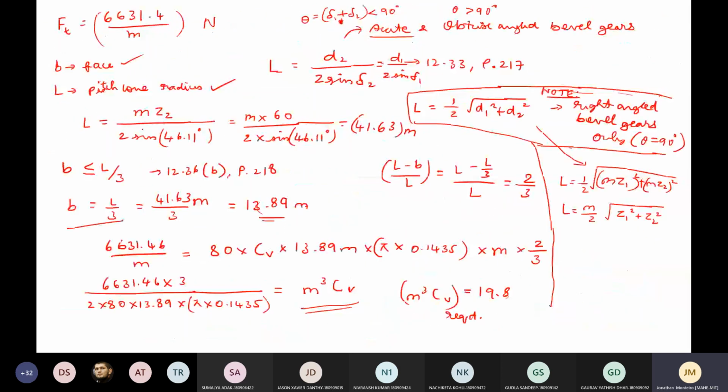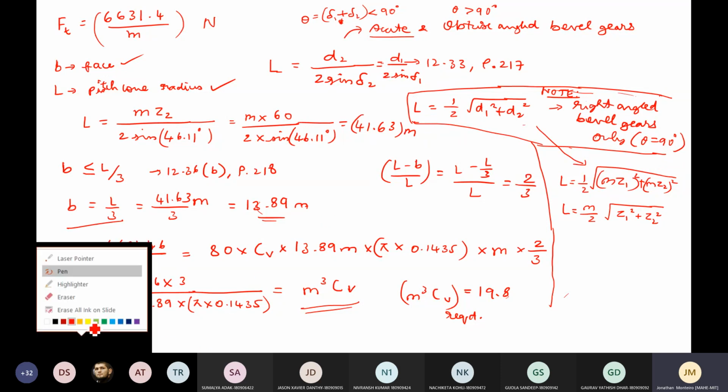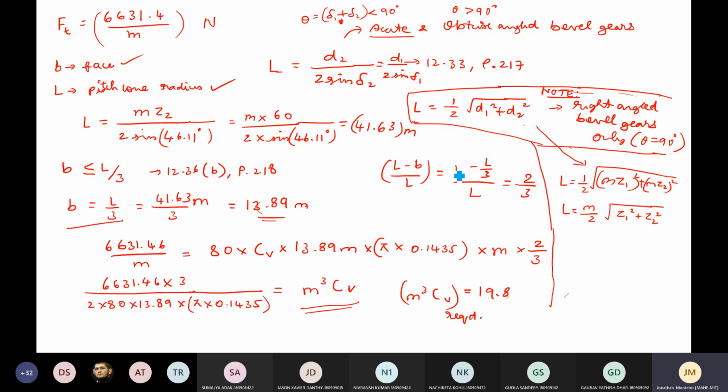For right angled bevel gears, that is theta equal to 90 degrees, we had L is equal to half root of d1 square plus d2 square. This is for right angled bevel gears only. So let us use this formula to find L and then B, B being L by 3.